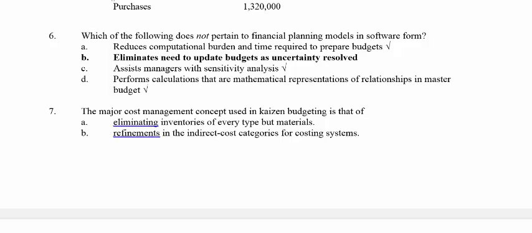C says assist managers with sensitivity analysis. I mentioned to you guys a couple of examples in the text about changing the revenues per unit, increasing or decreasing our costs due to supply and demand issues, maybe changing suppliers due to quality issues. Things like this happen.